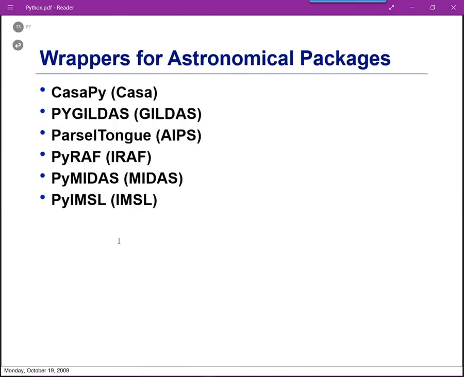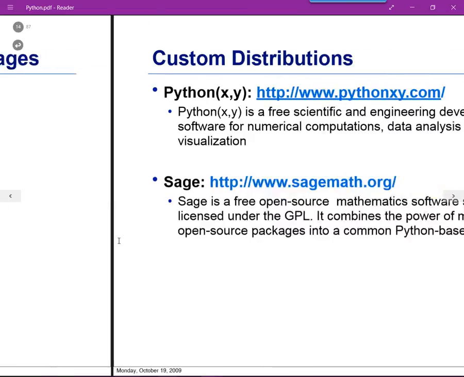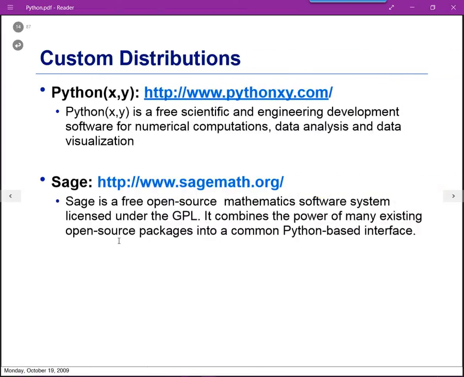Astronomical packages, if you're an astronomer, there are packages out there that interface with Python. There's custom tools for engineering development, for numerical analysis and other mathematical processes. These again are various versions of Python that are available for special purposes.